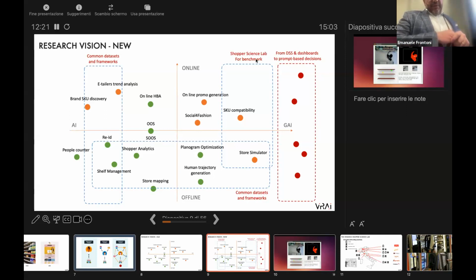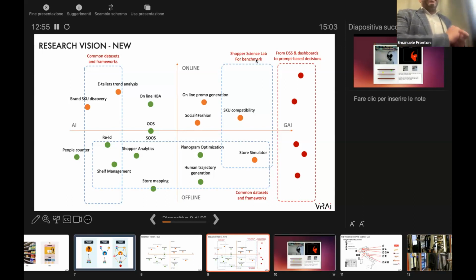And finally, one of the big problems that we saw in the last years, also during the COVID period, is that usually our partners, mainly the companies that have to use our data and derive some actionable insights, are looking at a dashboard and then taking a decision that is usually far away from what the dashboard is suggesting.